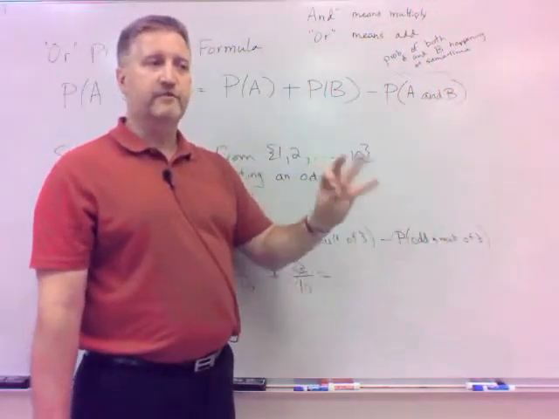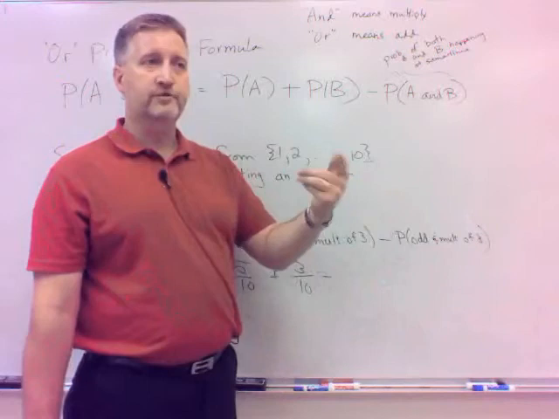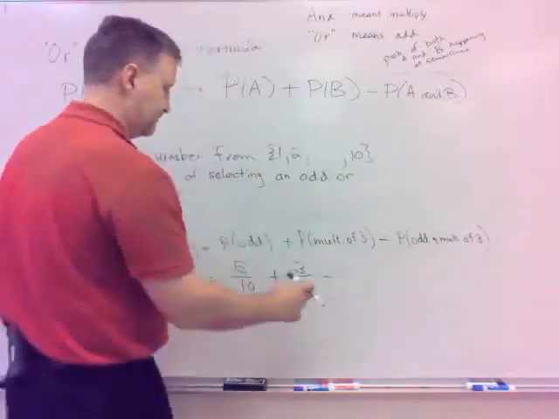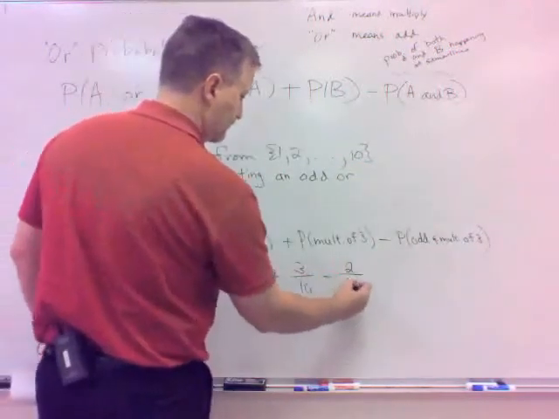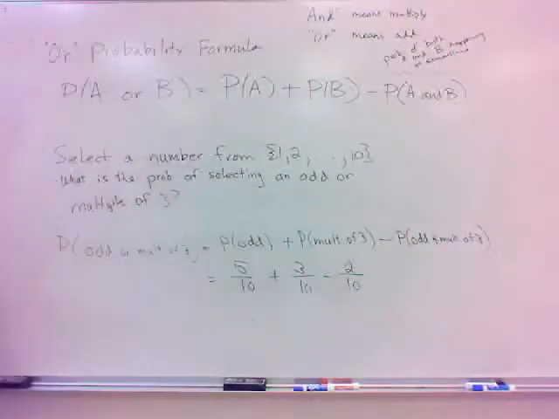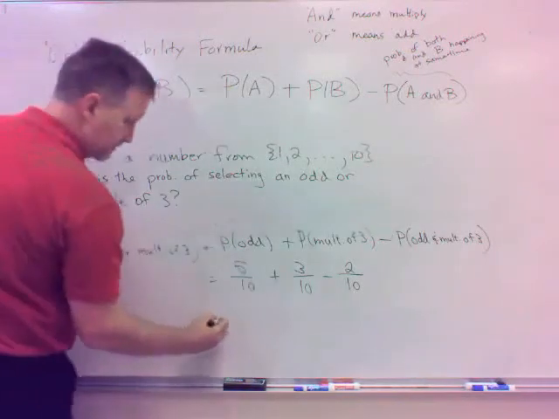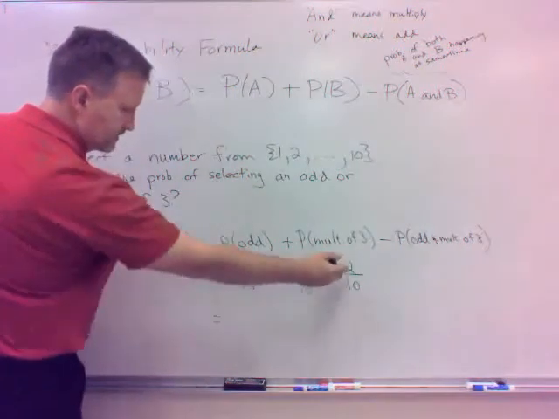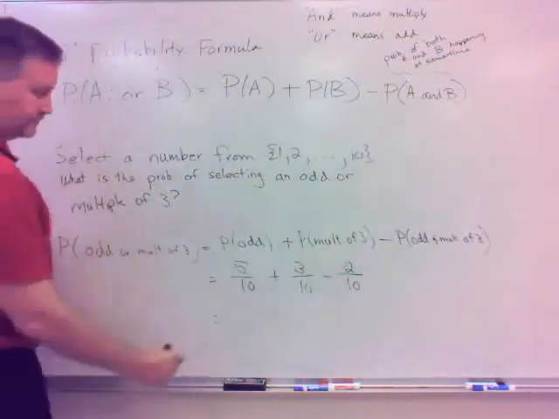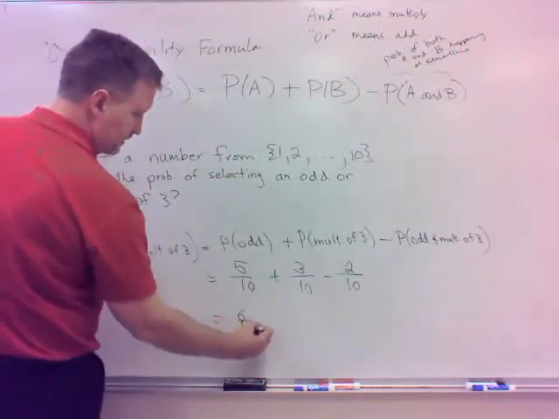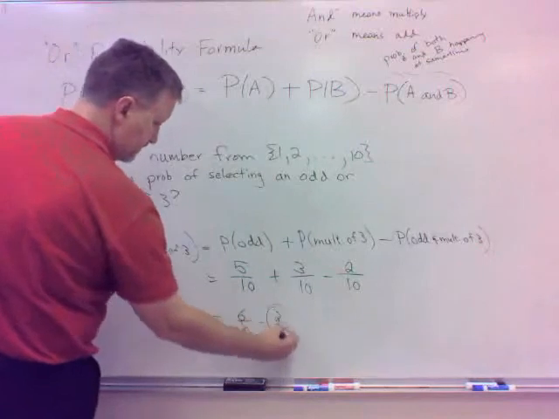So that would be 3 and 9, wouldn't it? 2 out of 10. So this is what I would add and subtract: 5 out of 10 plus 3 out of 10 minus 2 out of 10. That works out to be 6 out of 10, which is 3/5. Okay?